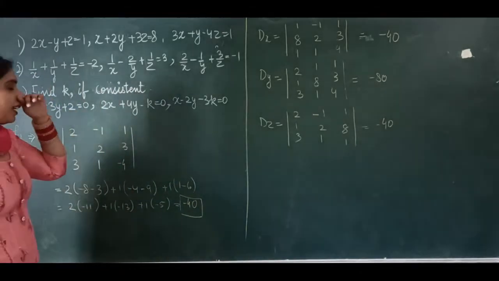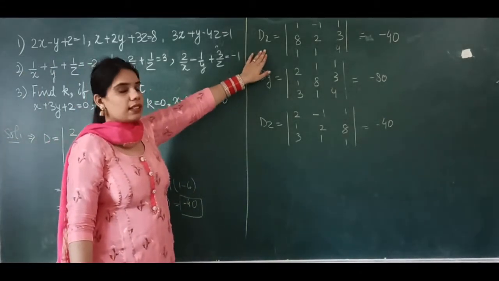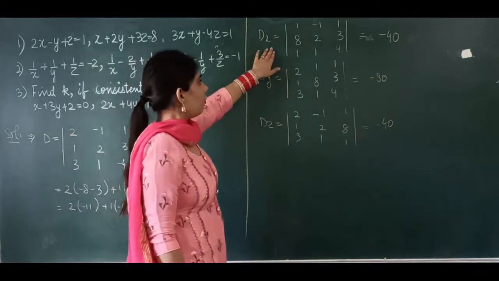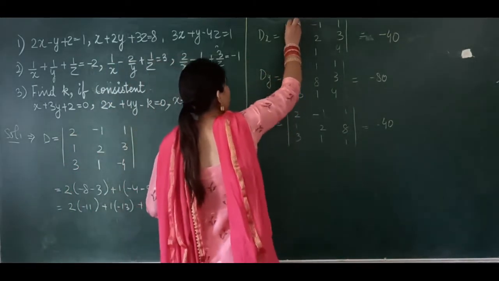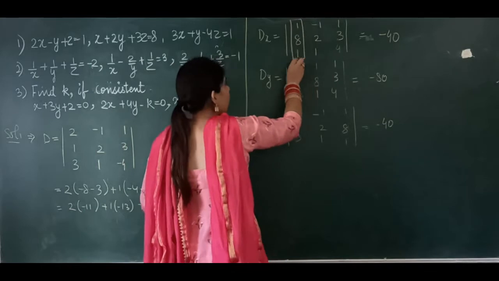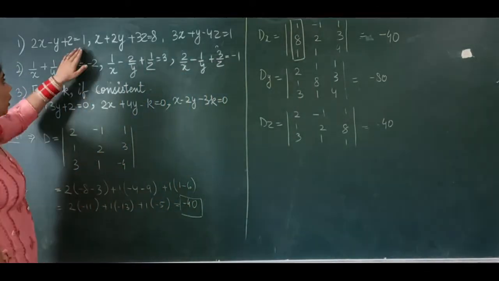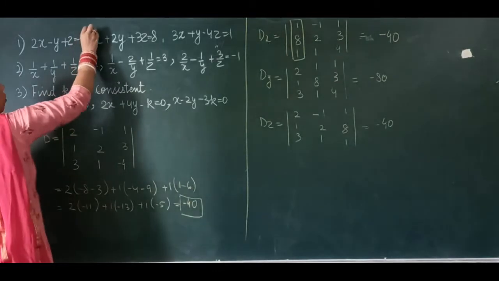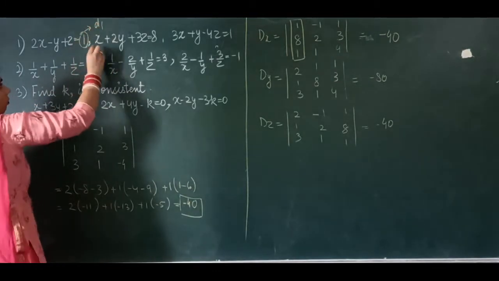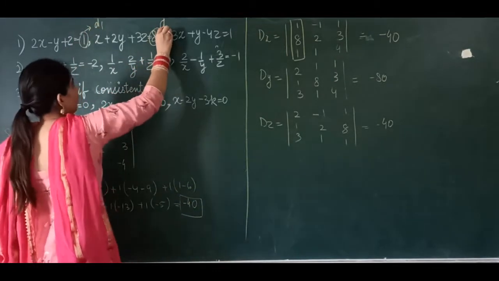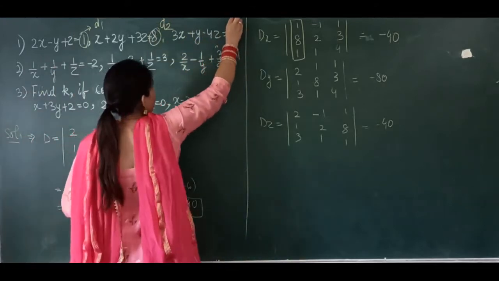In the similar way, if I have to find dx, instead of the coefficients of x, I will write the constants, that is d1, d2, d3. So here d1 is 1, d2 is 8 and d3 is 1.